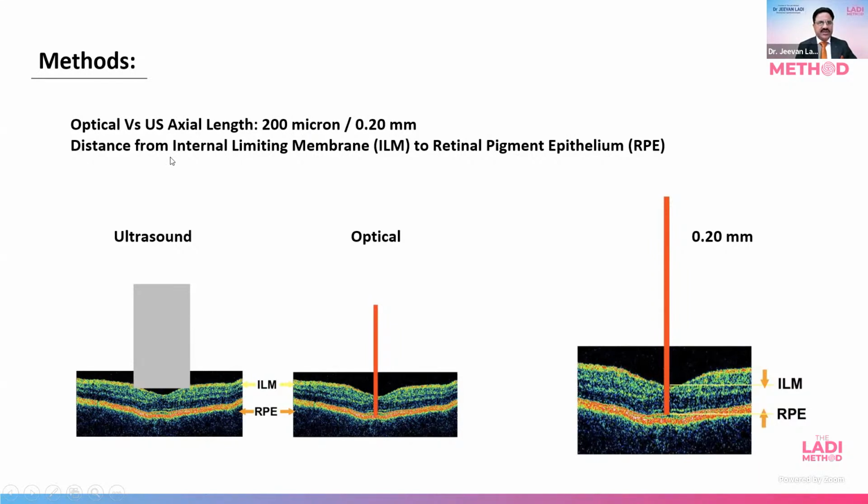So if you see, the distance from the internal limiting membrane to the retinal pigment epithelium, that is RPE, is 200 micron or 0.20 millimeter. So once we achieve that, you add this value to the ultrasound, it is going to mimic, or it is comparable or as good as optical biometry.